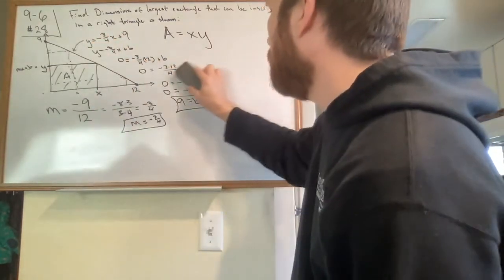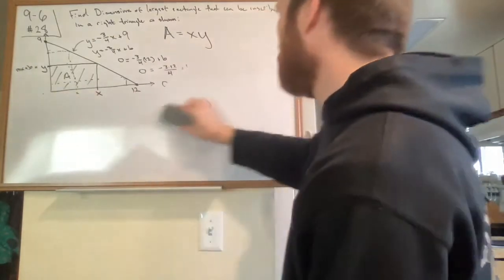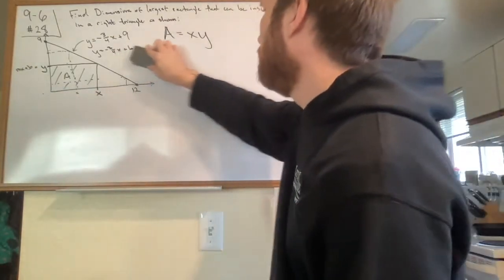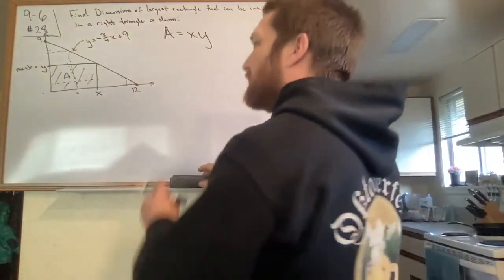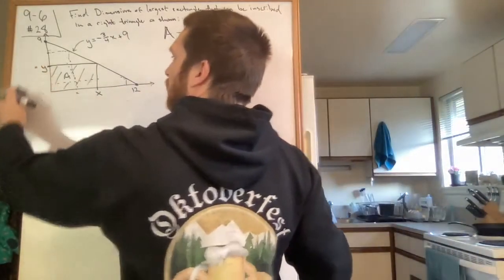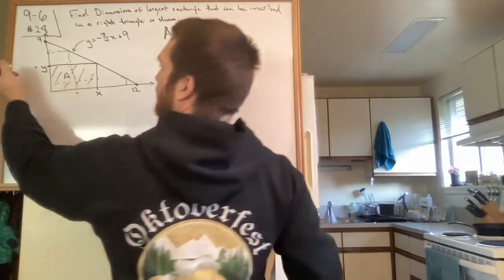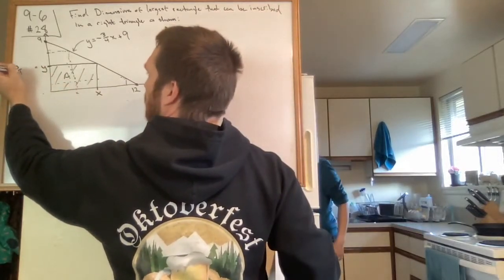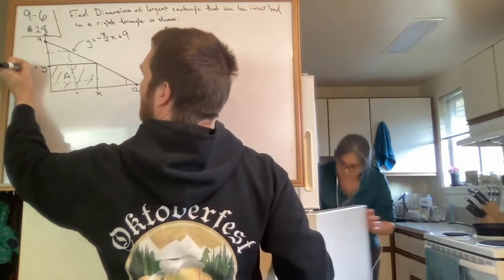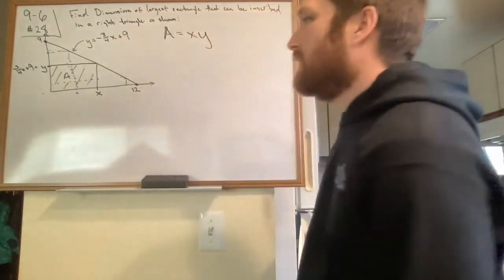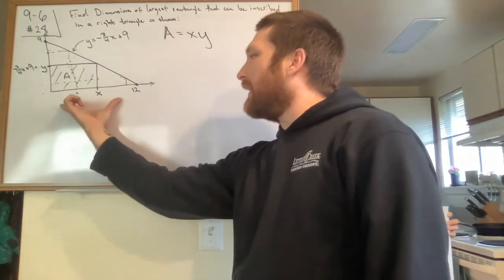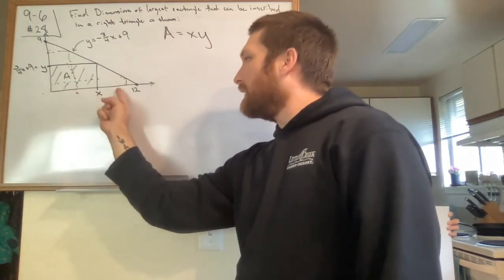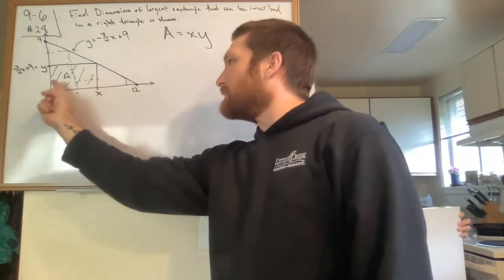And so what we have finally is a way of relating y in terms of x. And so we have that the height y is equal to minus 3/4 x plus 9 right there. So you give me any height or any length of that guy, any base, and I can tell you how high up it has to go.